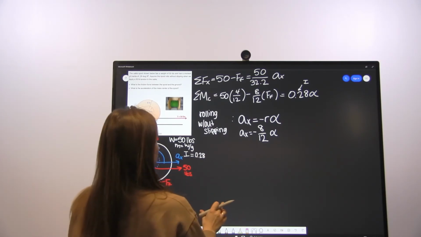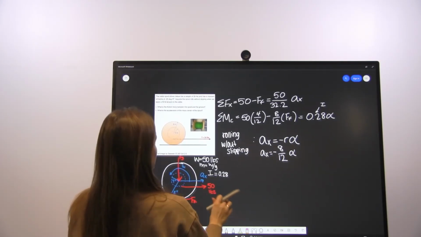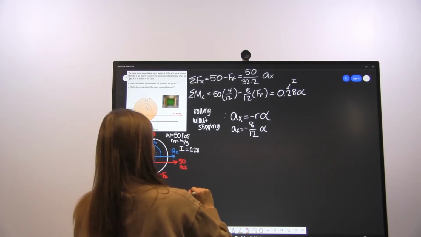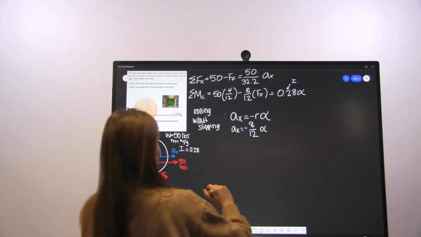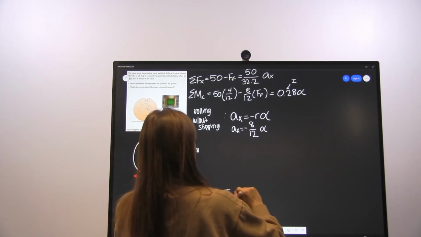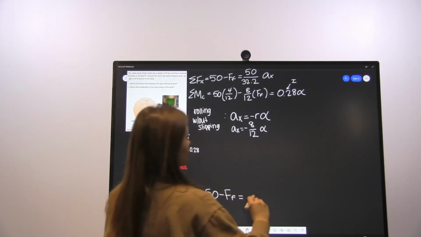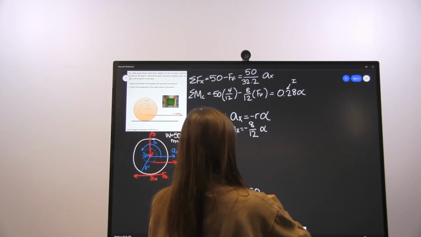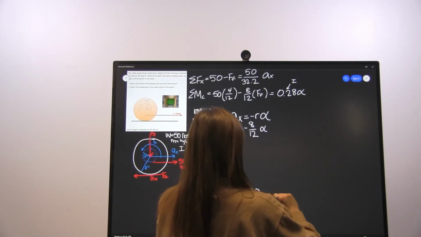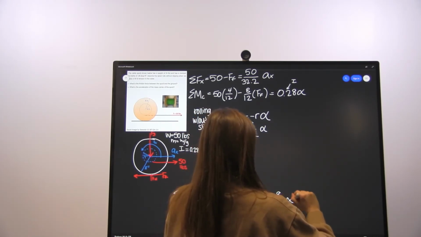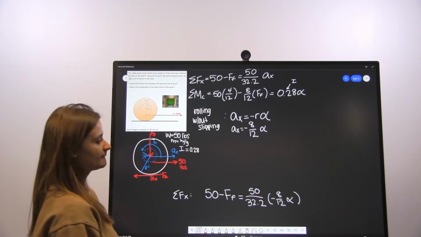When we do that, we get 50 minus force of friction is equal to 50 divided by 32.2 times negative 8/12 times angular acceleration.